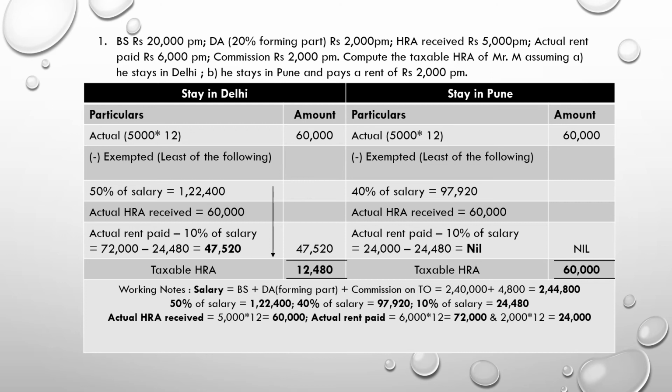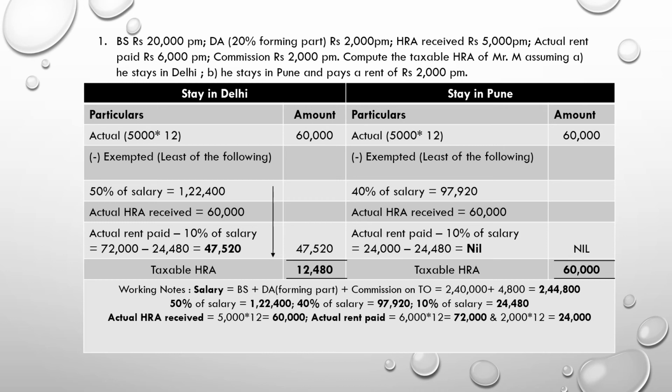Now, the least will be 47,520, which will be deducted out of the actual amount. So, the taxable HRA is 12,480.